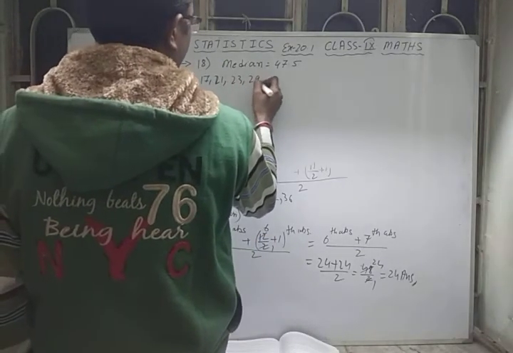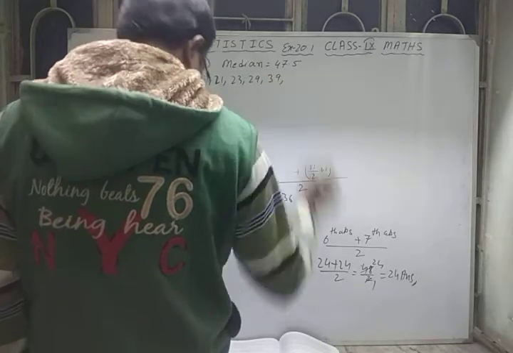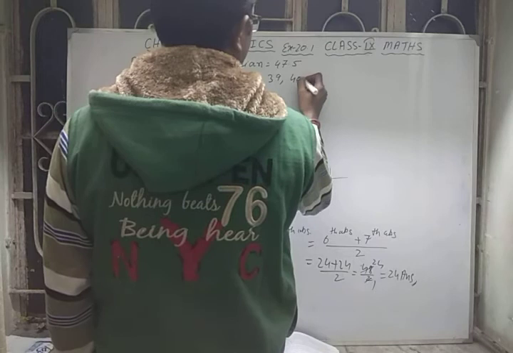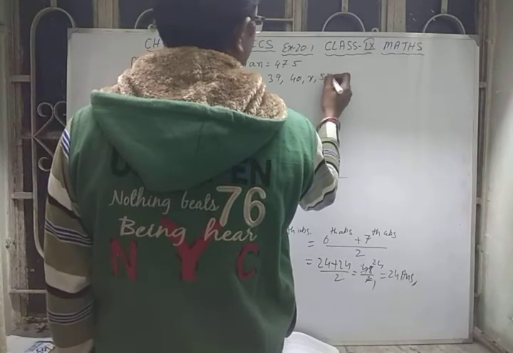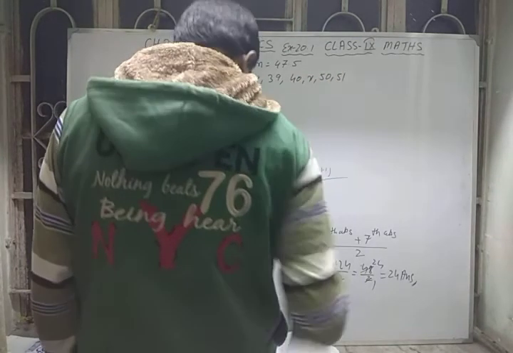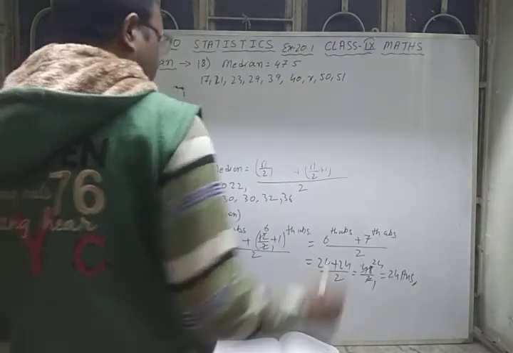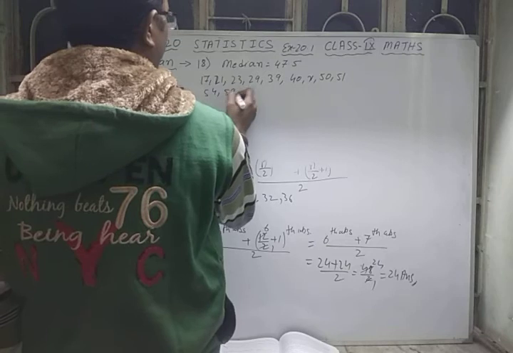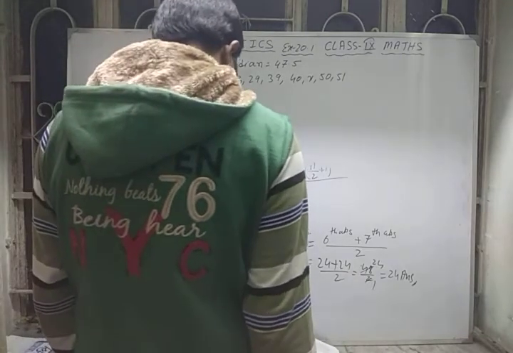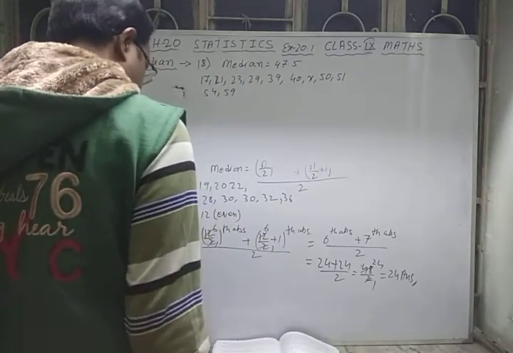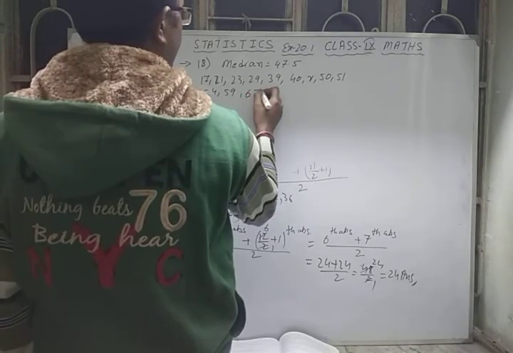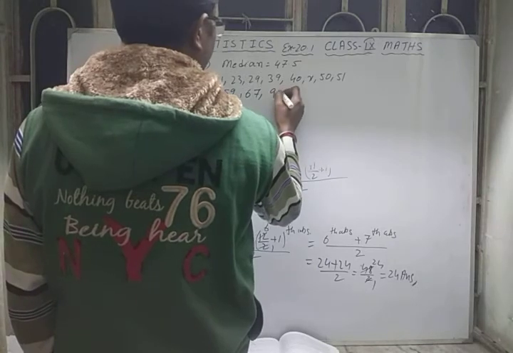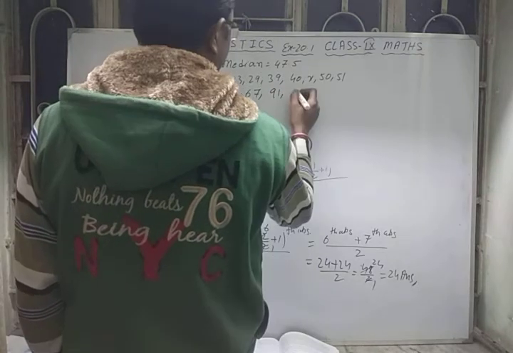After 39 is 4x, 50, 51 is also there, 54, 59, then 67, then after that 91, after that 93.